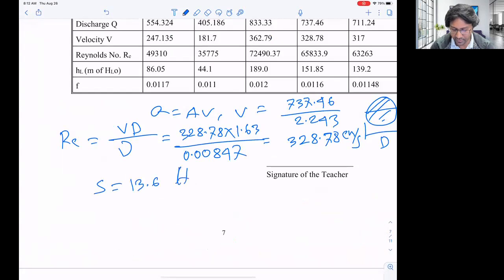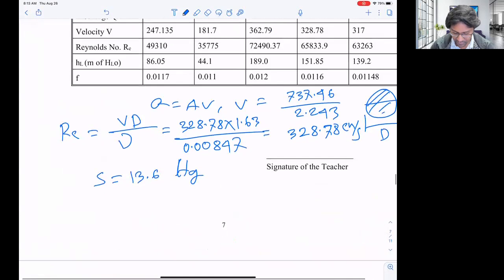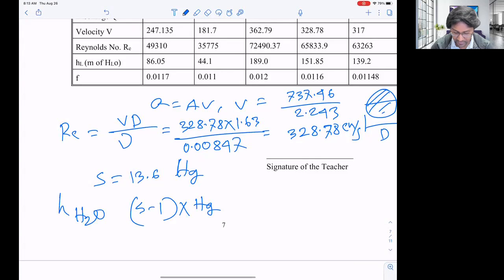To convert the height of mercury to the depth of water, we use S minus 1 multiplied by the height of Hg, and then we get the height in terms of water.